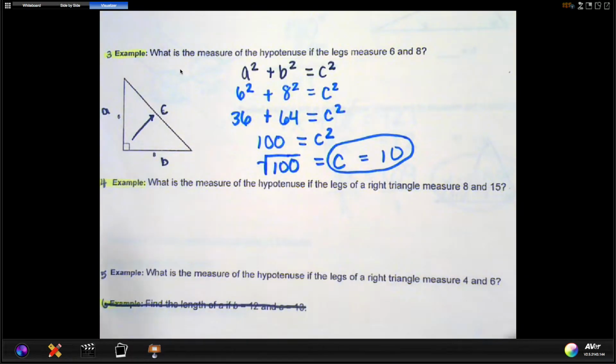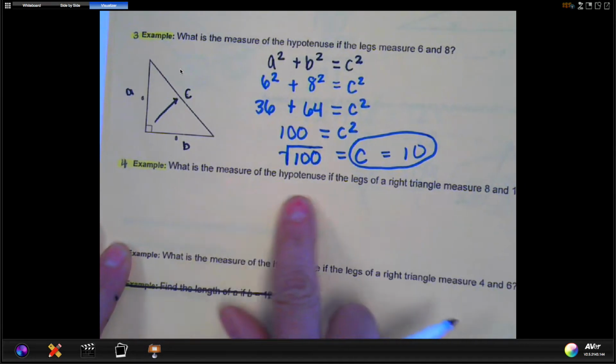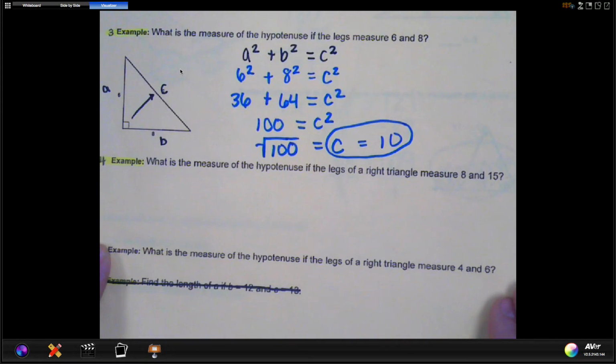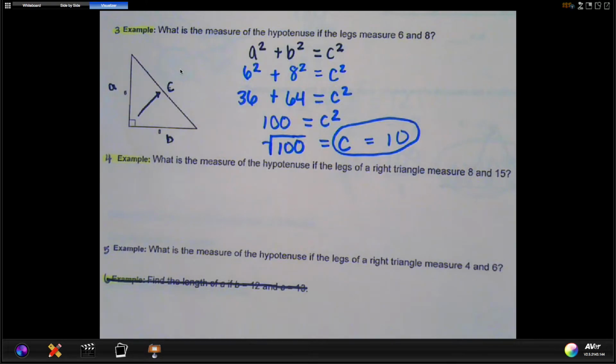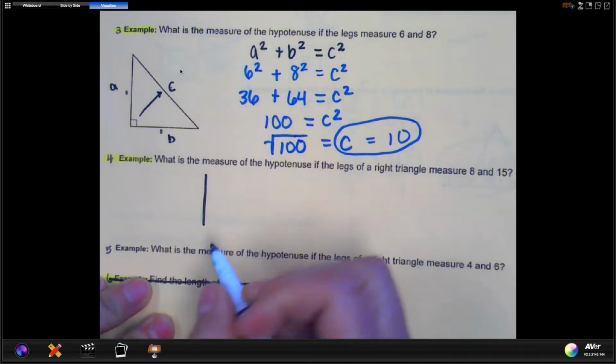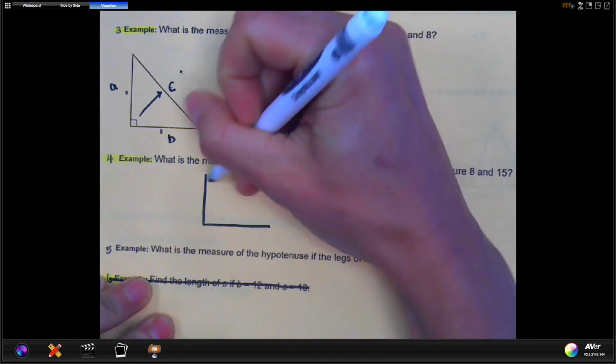All right, so what is the measure of the hypotenuse if the legs of a right triangle measure 8 and 15? So in this case, there is no right triangle pictured. So you have a choice. You can either know it by reading it, or you can draw your own. So if I draw my own triangle, you don't have to be a super good artist to do that.